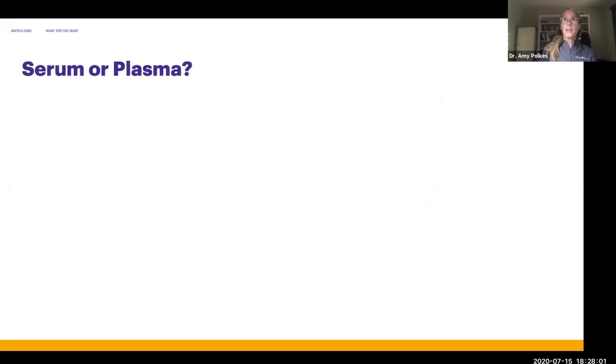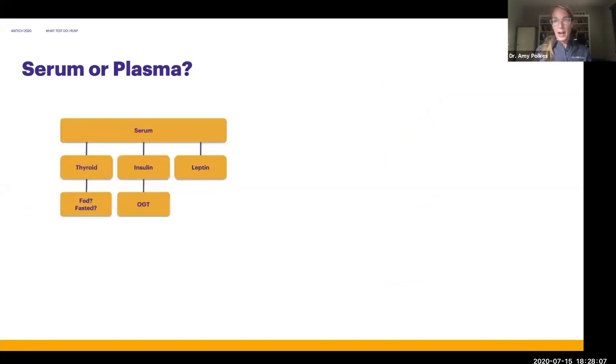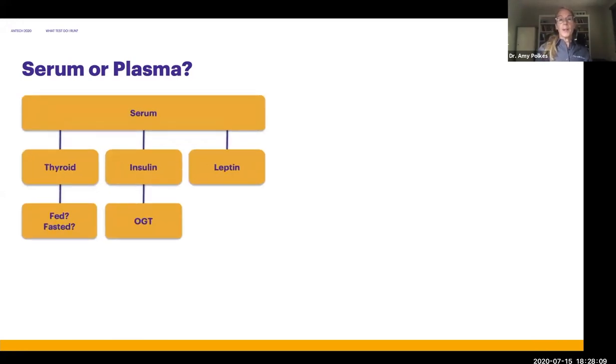So I just made this little diagram here to talk about all the things that I've already mentioned, so that we could think back to what sample do I need. Serum is used for thyroid, insulin, and leptin.